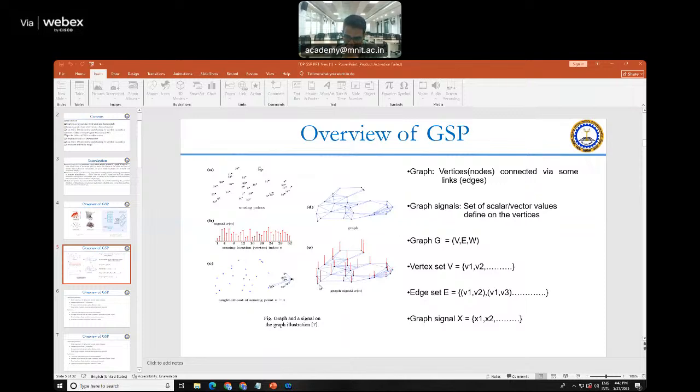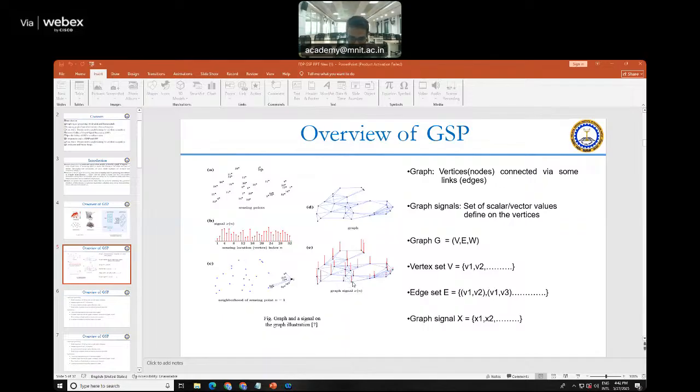Even you are able to see these black points. I'm moving the cursor. Are you able to see my cursor? Yes, this is the one. This is basically a vertex. This is another vertex. This is another vertex. This is another vertex.